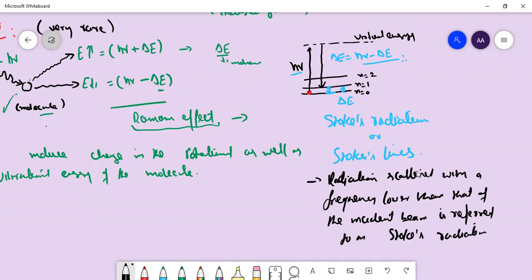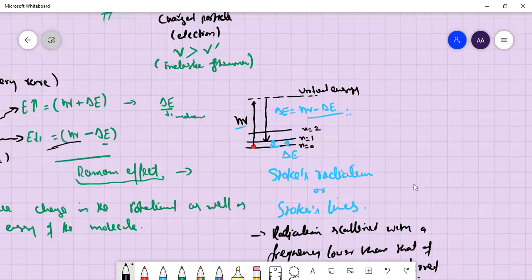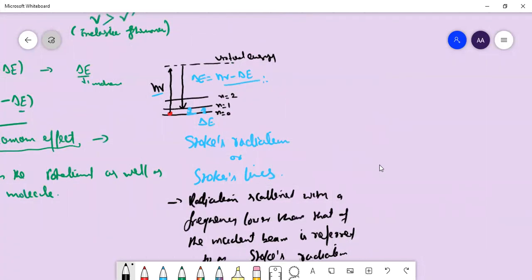So what do we mean by Stokes radiation? It is the radiation scattered with a lower frequency than that of the incident radiation. It means in this case, the molecules are absorbing some energy of this incident radiation. So this radiation is known as Stokes radiation.